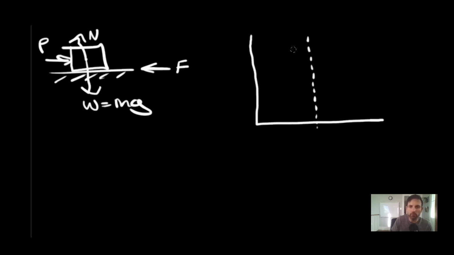There's some midpoint here, and on one side we have equilibrium. This axis will be our frictional force, and this axis will be our pushing force. On the other side of this equilibrium, we'll have motion.